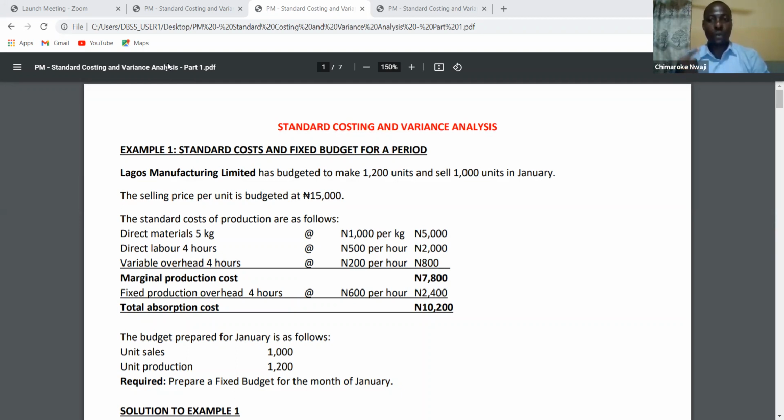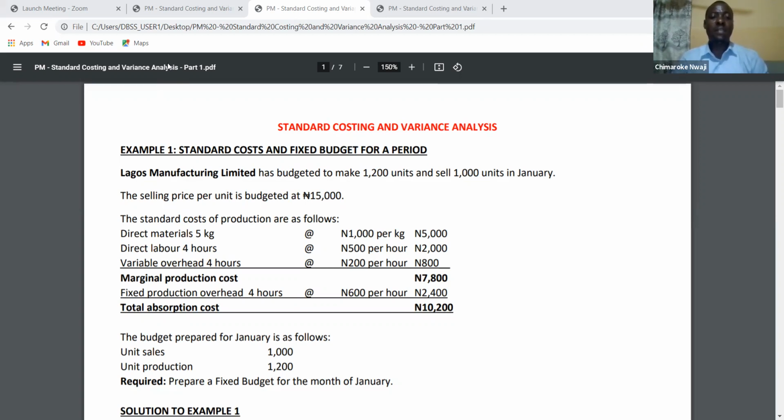A loaf of bread, the price for the loaf of bread in the market is called the standard price. What about the production costs of making one loaf of bread? That is called the standard cost or standard production cost.